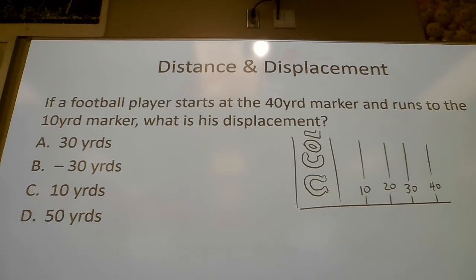Tell your neighbor. Correct answer is, okay. What I want you to do, I hear a split between A and B. I want you to find someone you disagree with and convince them that you're right and they're wrong.